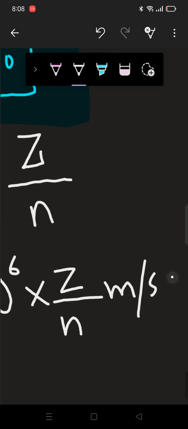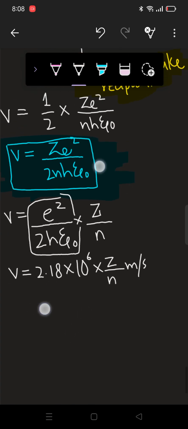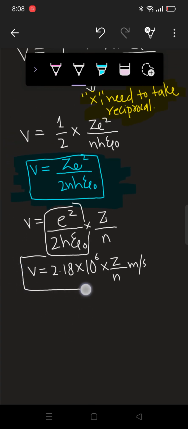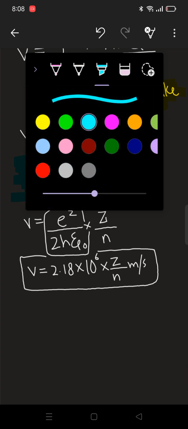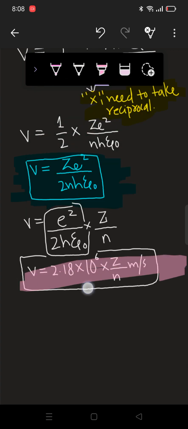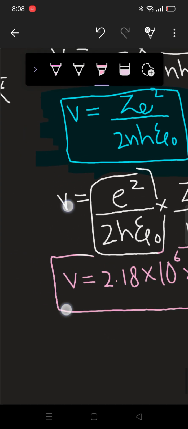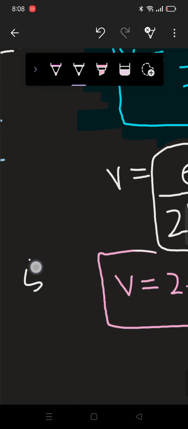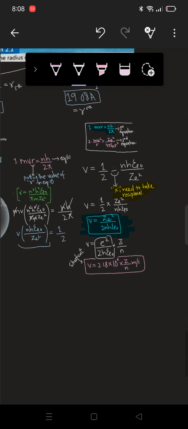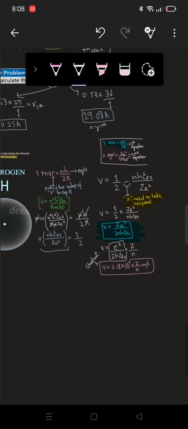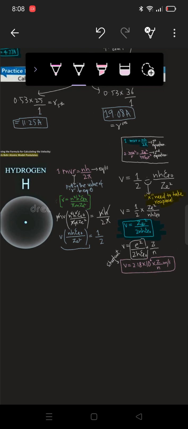This is the shortcut of finding the velocity of any electron in any shell, right. Let me highlight the actual shortcut. In the next video, we're going to find the velocity of different electrons in different energy levels or shells.